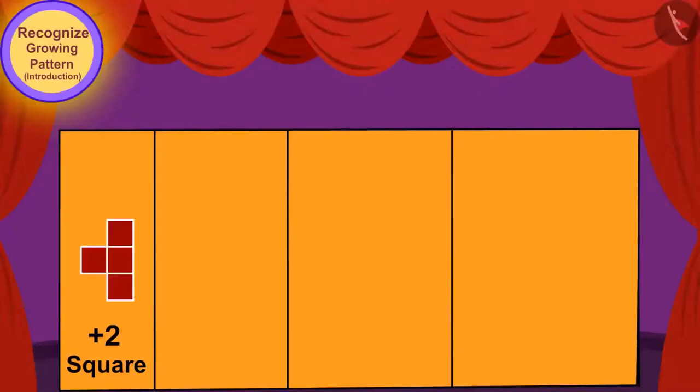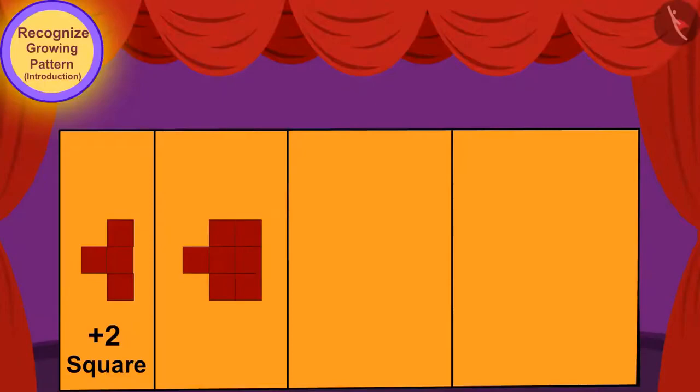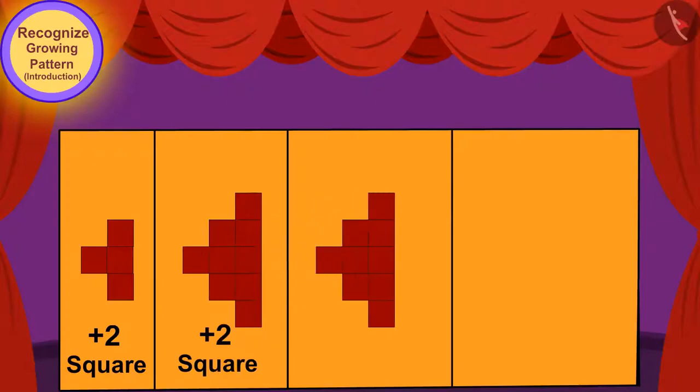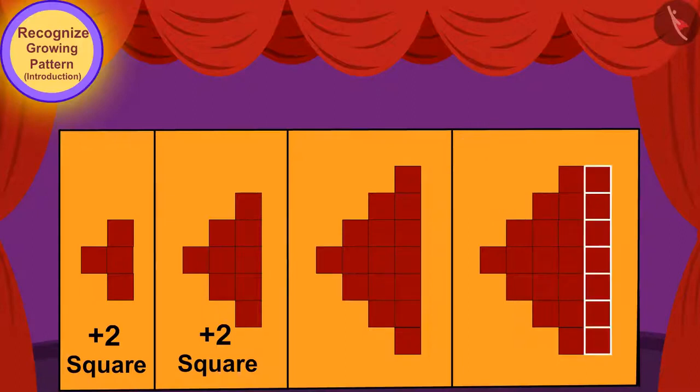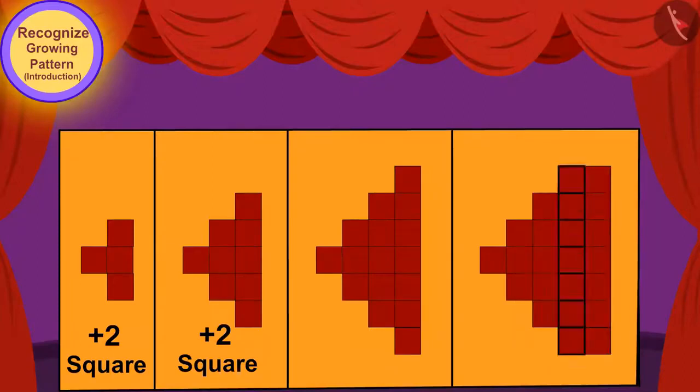Now, when this group was repeated, another vertical line was added to the pattern and it increased by 2 squares from the second vertical line. So, what happened when this group was repeated again? Exactly. Another vertical line is added to the pattern and this line has 2 sections more than the line before it.